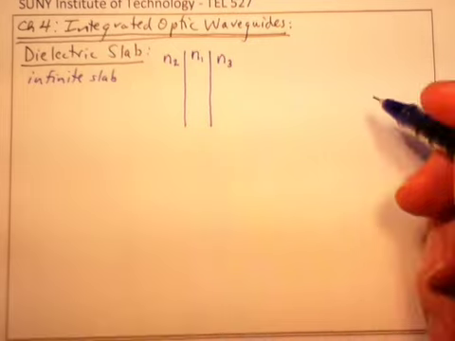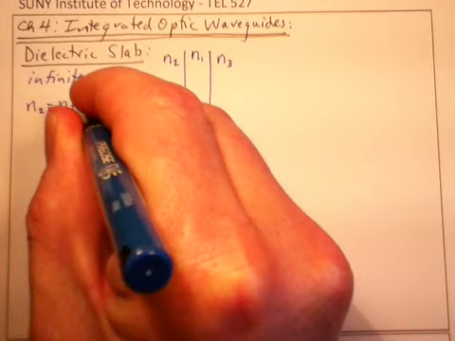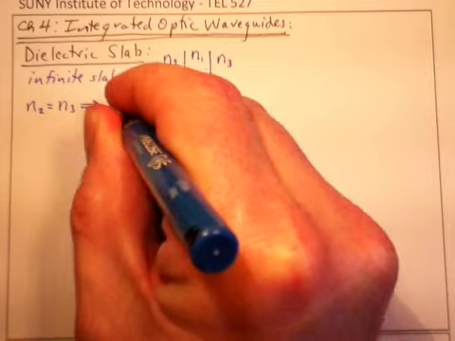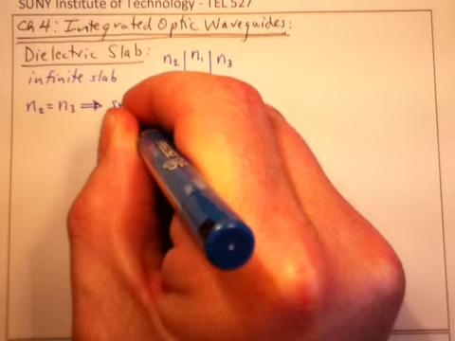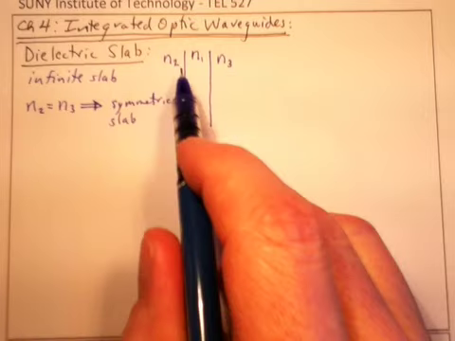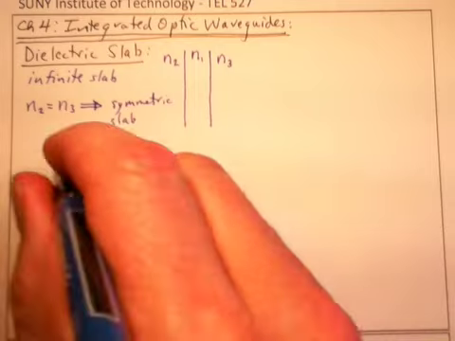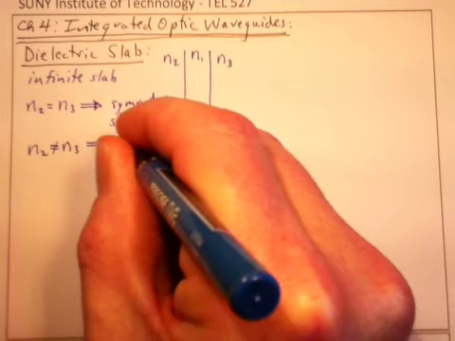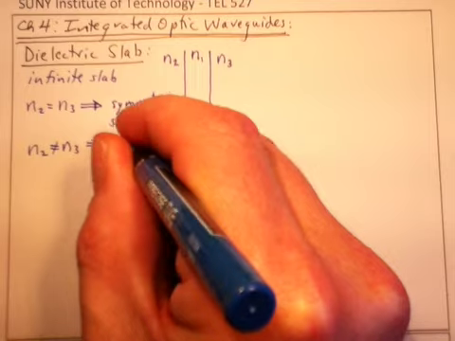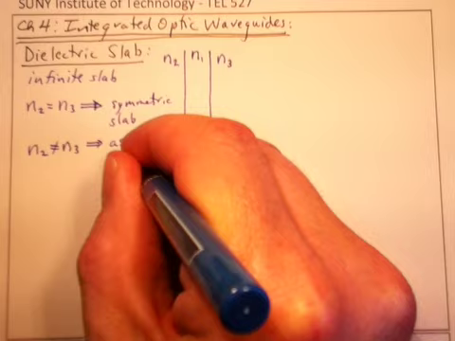Okay? If N2 is equal to N3, it's called a symmetric slab, for obvious reasons. And if N2 doesn't equal N3, it's called an asymmetric slab.